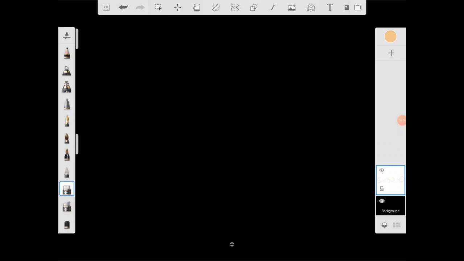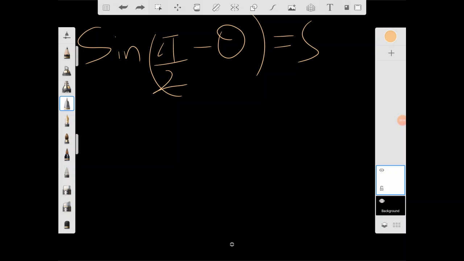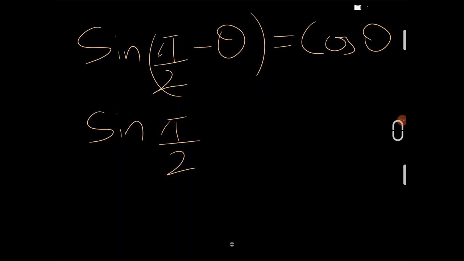I already told you that sine of pi by 2 minus theta is equal to, sorry, cos theta. You studied this last year also. But now I'm telling you what is sine of pi by 2 plus theta. Now pi by 2 is 90 degrees.